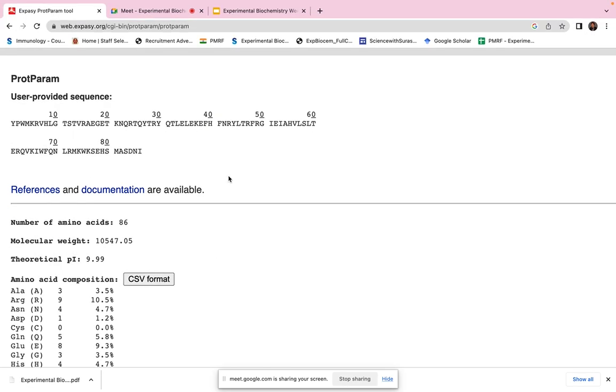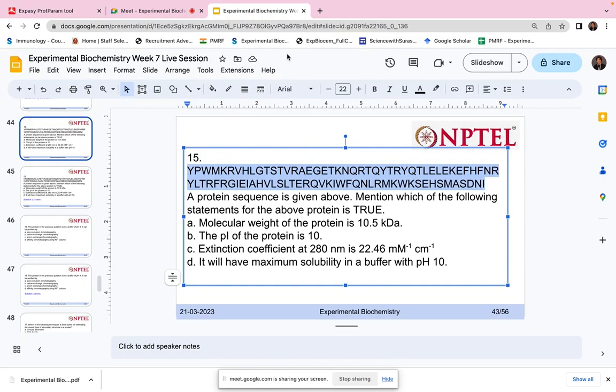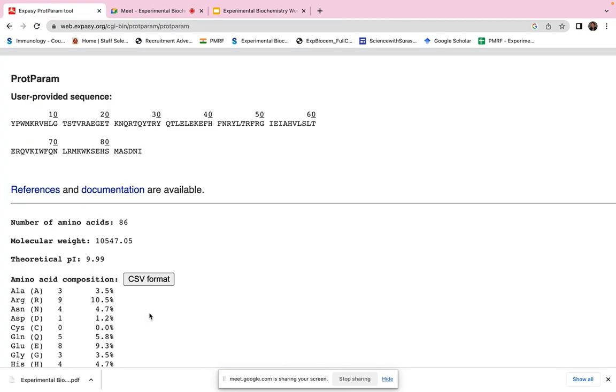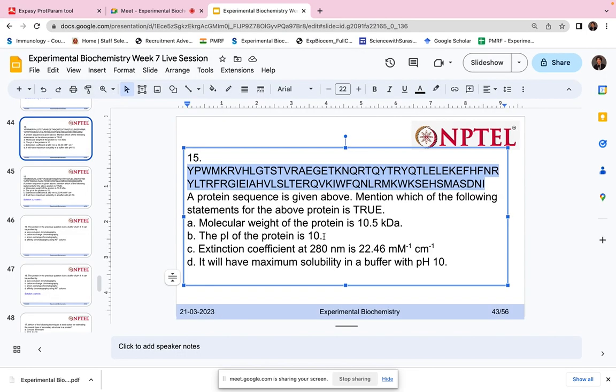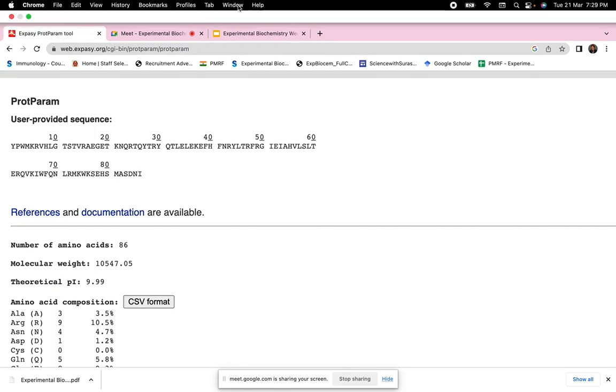So now the questions that were given. The first option was molecular weight is 10.5 kilodalton, which is correct, which we have seen here. The theoretical pI is 10. This is also true.